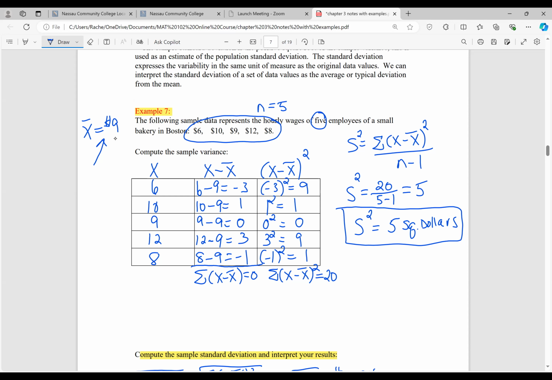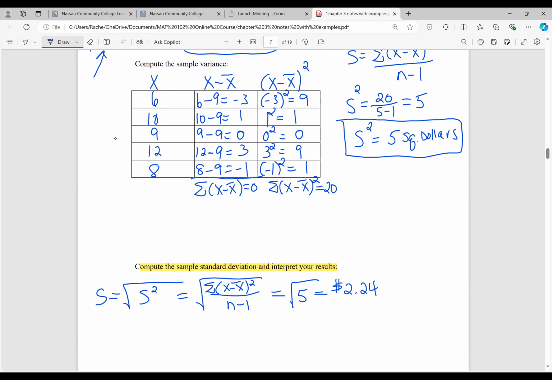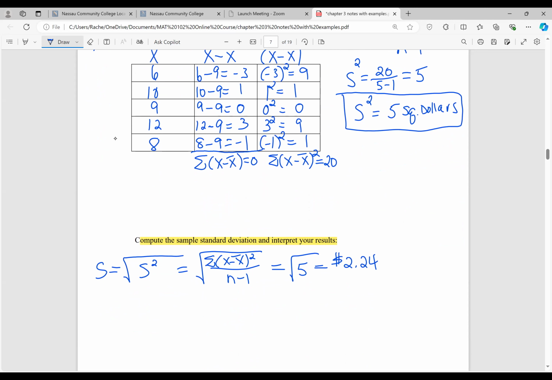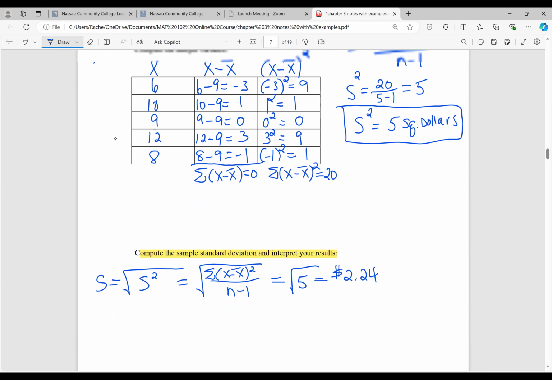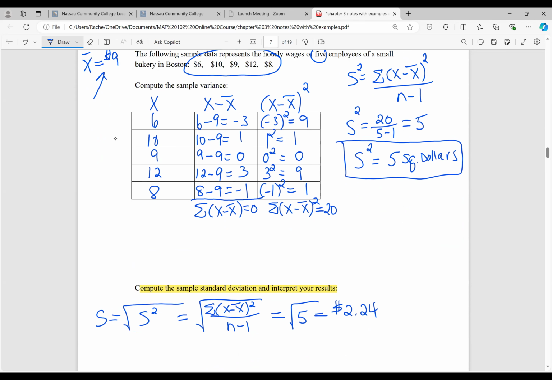The point is that there's variability from the mean, variability within this data set. Well, what is that average variability? Well, that's the $2.24. So the standard deviation tells us the average deviation or the average variability from the mean of the data set, which in this case is 9.